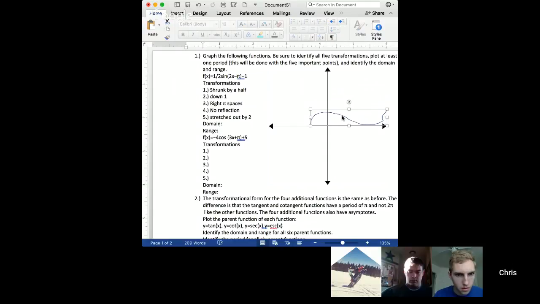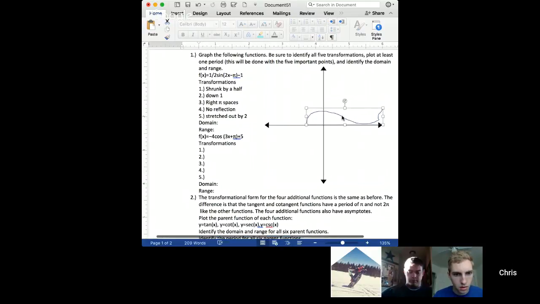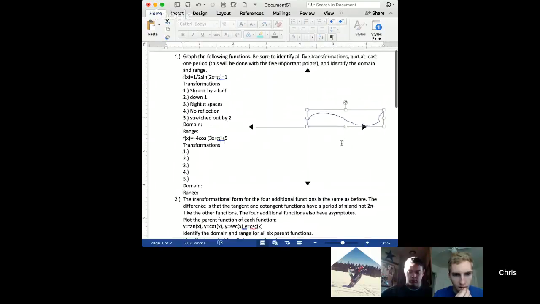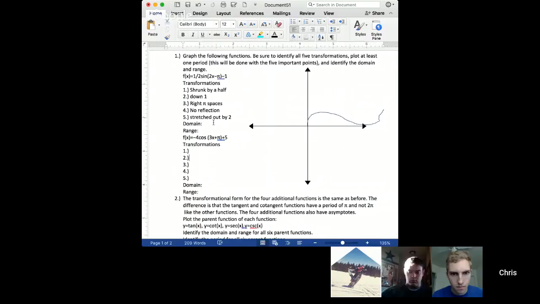And pi. Okay. And then, so the domain. What would the domain be for this?